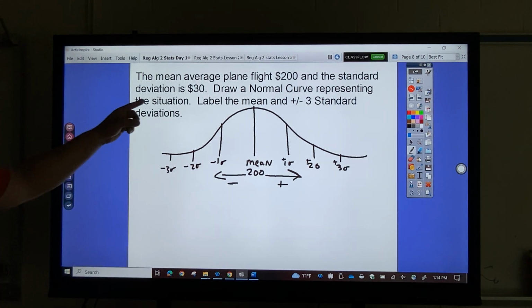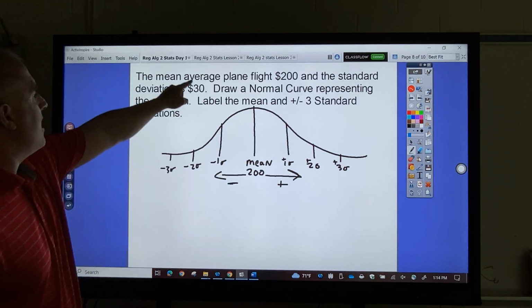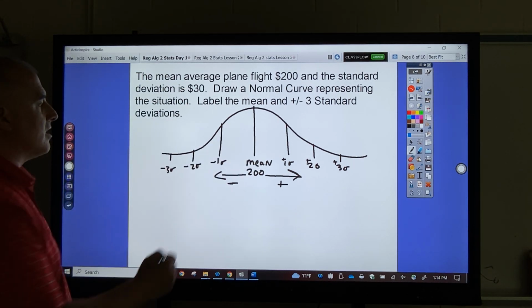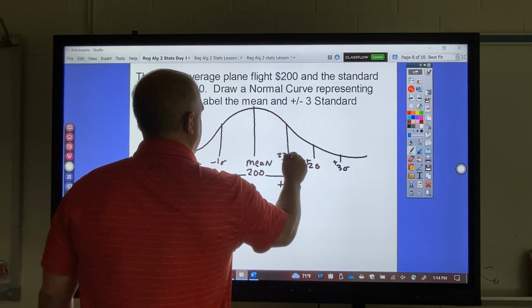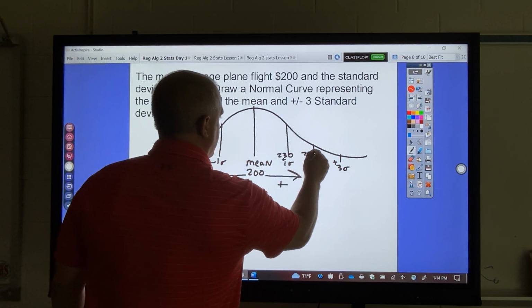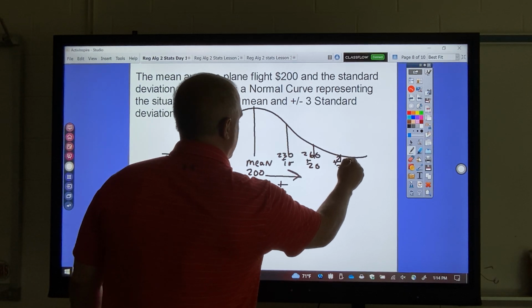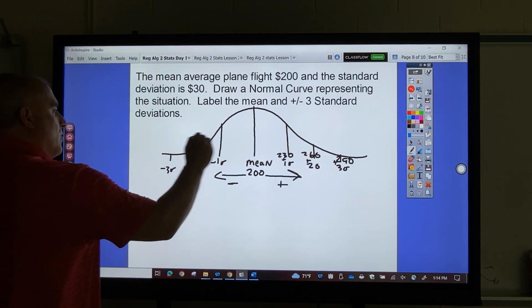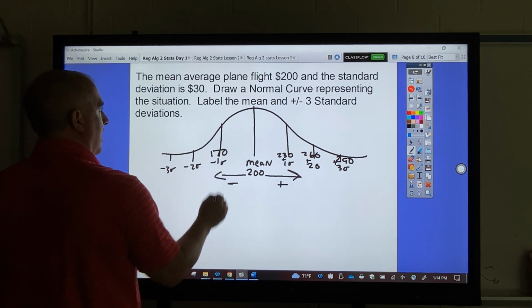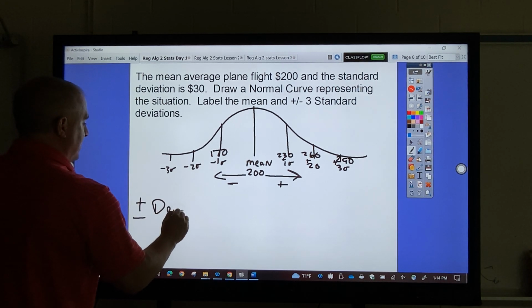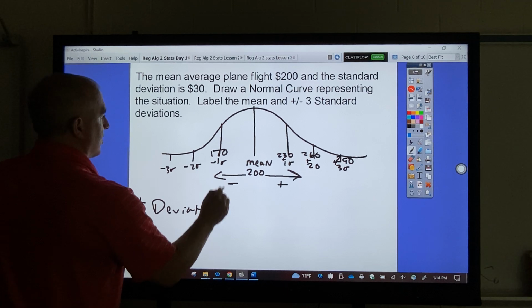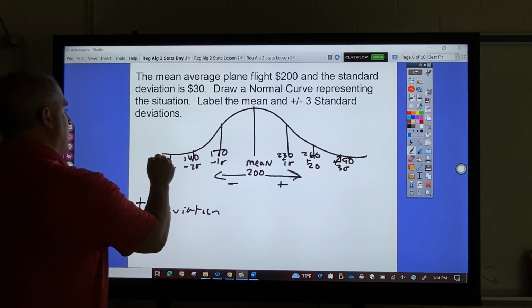So what does that mean? If it's 200 and my standard deviation is 30, this number here would be 230. Then I add another 30, 260. Then I add another 30, 290. When I go the other way, I subtract 30. So basically, it's plus and minus the deviation. That's how you figure it out. So then it's 140 and then 110.